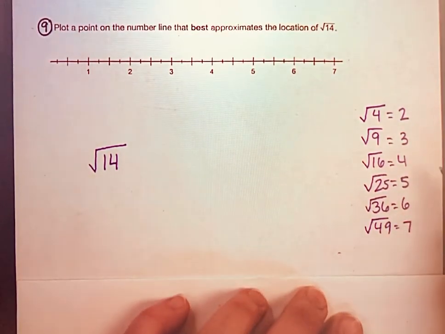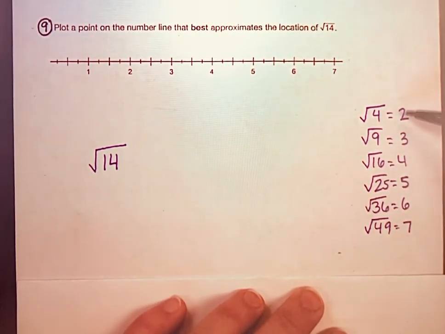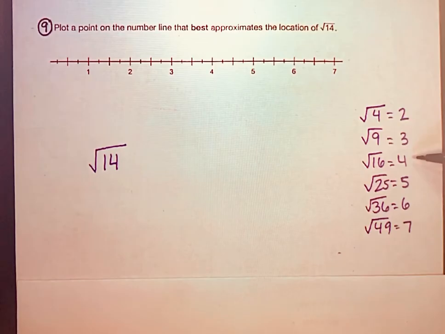Why are these the answers in case you don't remember square roots? Well, 2 times 2 is 4. 3 times 3 is 9. 4 times 4 is 16. 5 times 5 is 25. 6 times 6 is 36. 7 times 7 is 49. That's not something that's given to you. That's something that you're expected to know and be able to list if you have to.